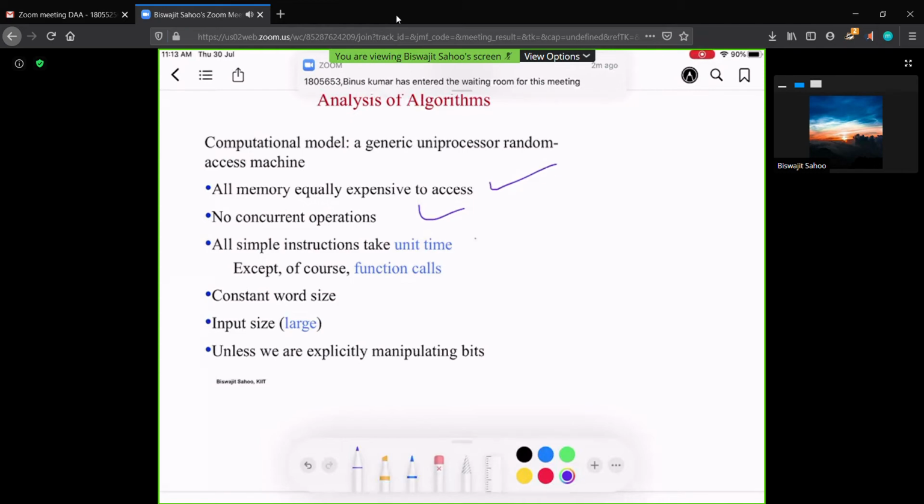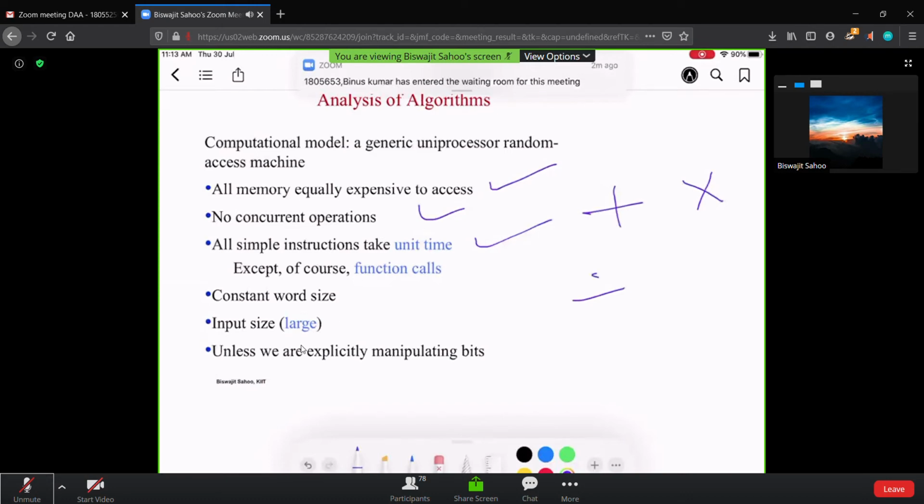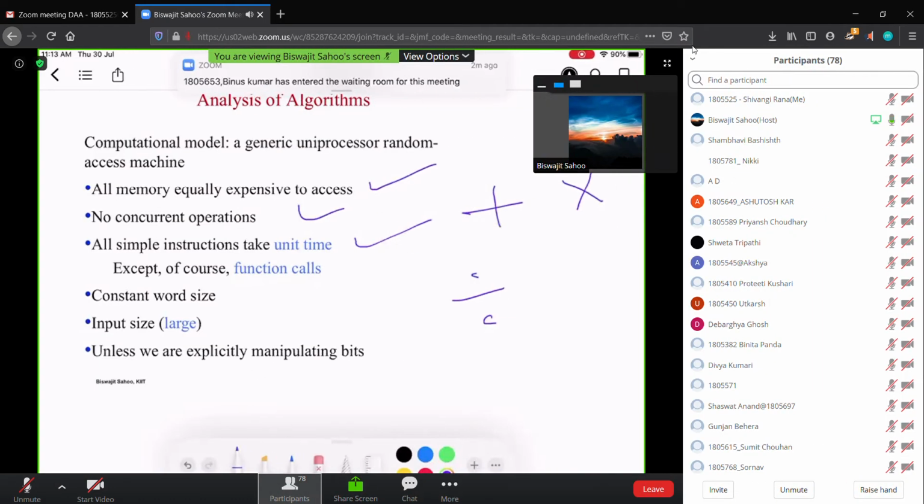Then I'm taking unit time. Unit time means, for simplicity, we assume that every instruction takes an equal amount of time, and that equal amount we consider as unit time, be it addition, multiplication, or division. In reality, some operations take a little more or less time.